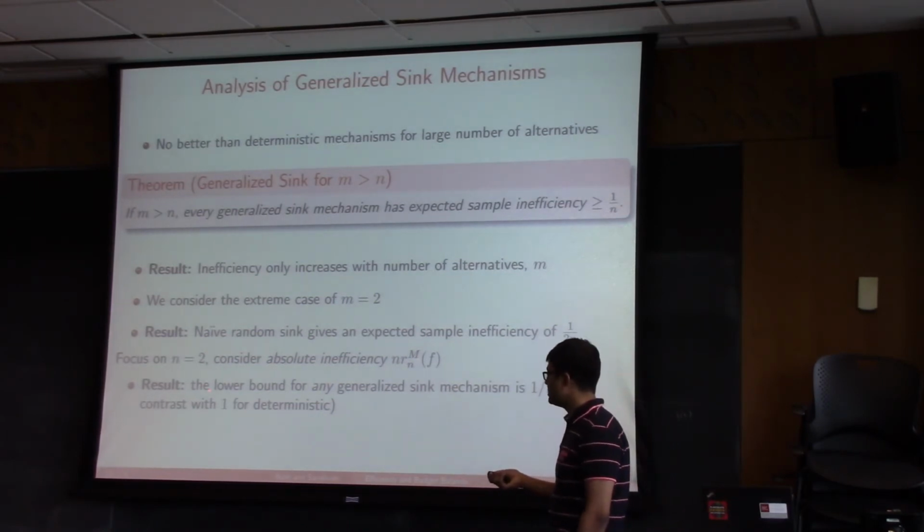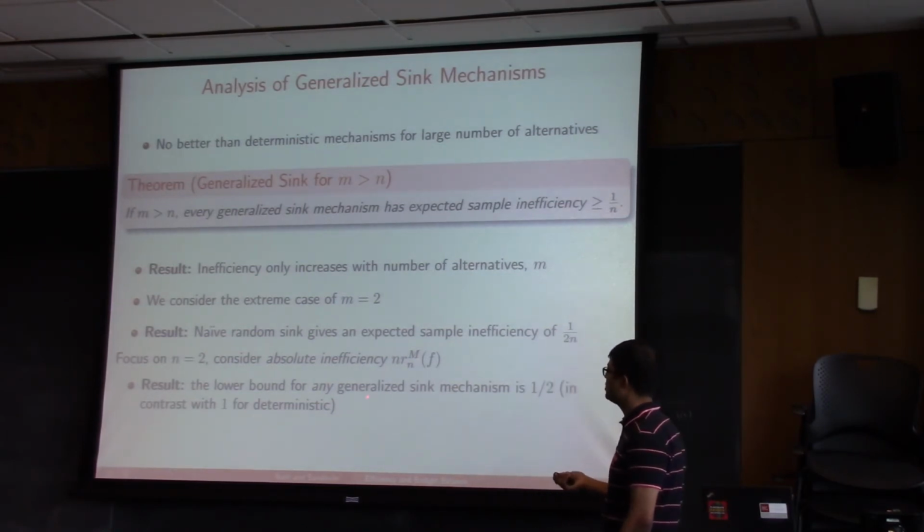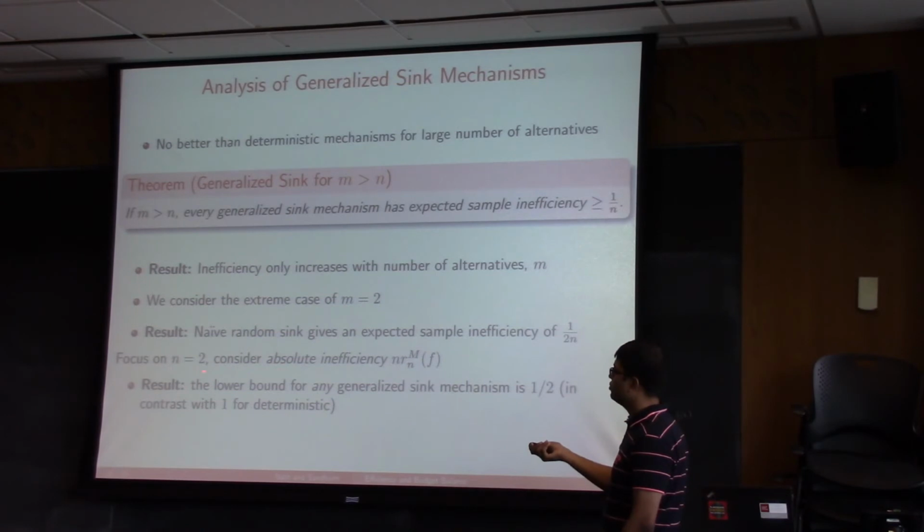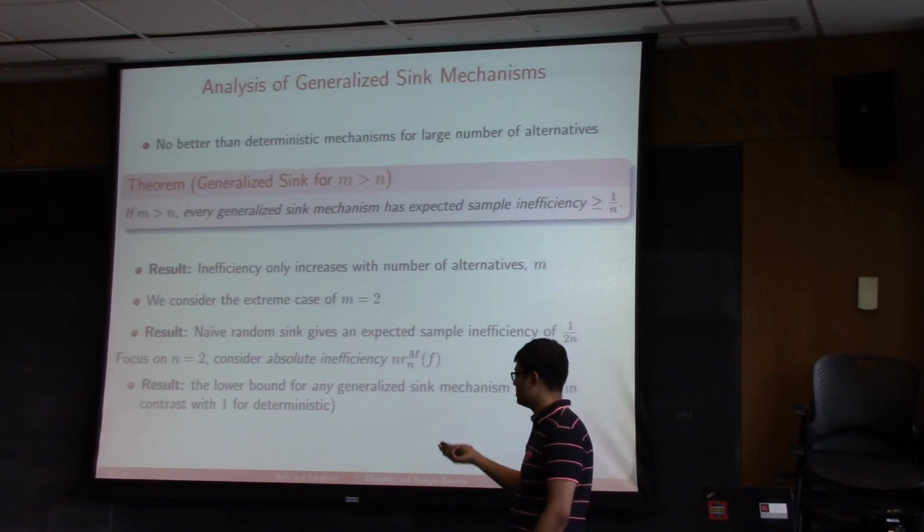The result says that in the class of generalized sink mechanisms, nobody can do any better than half. In other words, in the case of 2 agents and 2 alternatives, the naive random sink is as good as any generalized sink mechanism for this special case.